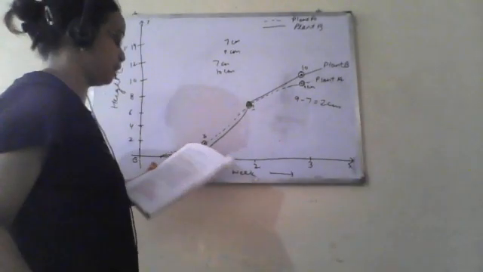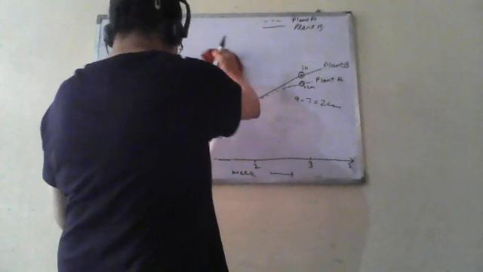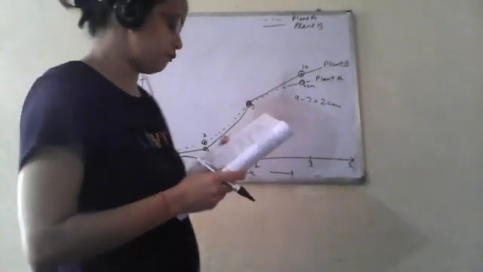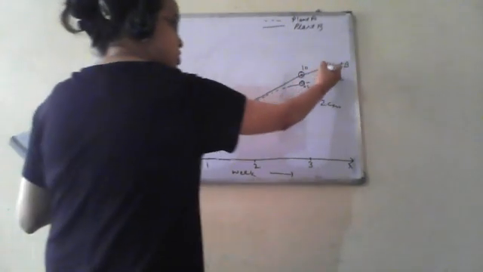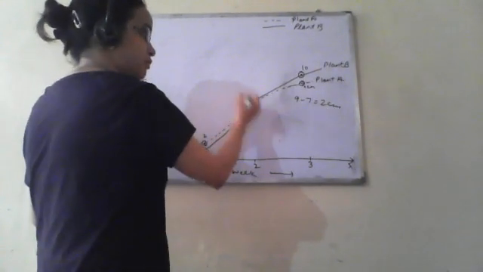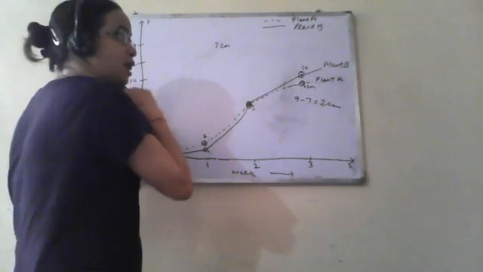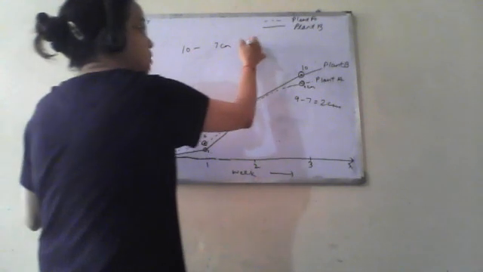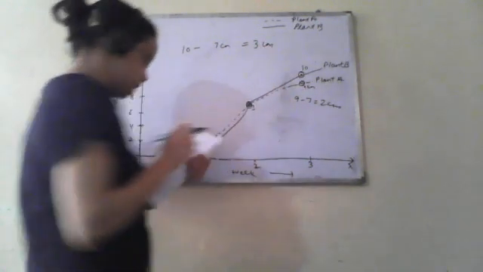Now the fourth part, how much did plant B grow from the end of the second week to the end of the third week? Plant B was represented by the continuous line. At the end of the second week, it was 7 centimeter. At the end of the third week, it was 10 centimeter. So what was the growth? That is 10 minus 7, that comes out to be 3 centimeter.